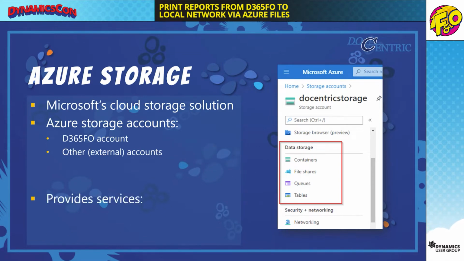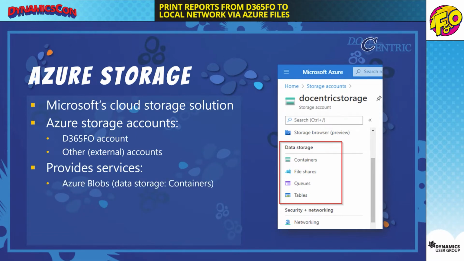Azure Storage Platform includes the following data services. Azure Blobs, a scalable object store for text and binary data. It includes support for big data analytics through Data Lake. Then Azure Files. It is managed file shares, that's the one we are interested in today.